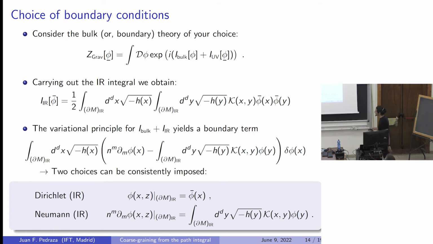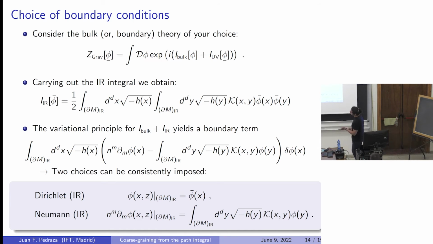This is the standard Dirichlet boundary condition that I was telling you about. But we have another choice, that is that this big parenthesis here vanishes. This looks like Neumann, where I fixed the derivative in some way, but it's really a very non-local generalization of Neumann, because this term here is non-local.